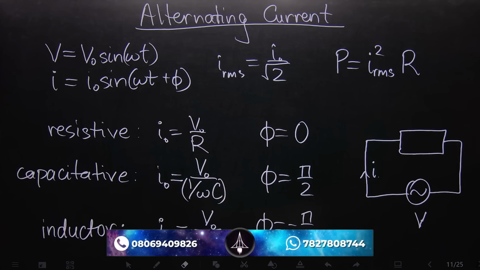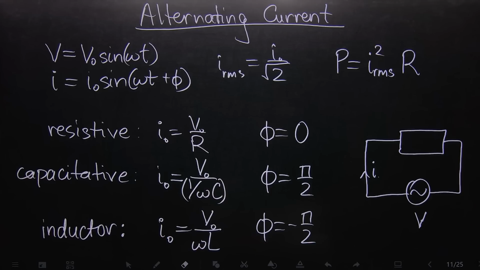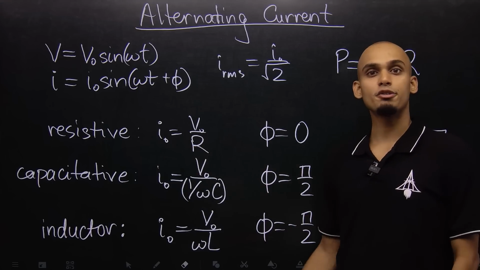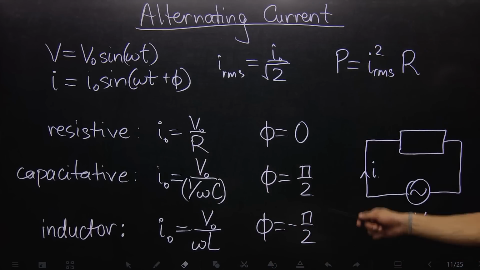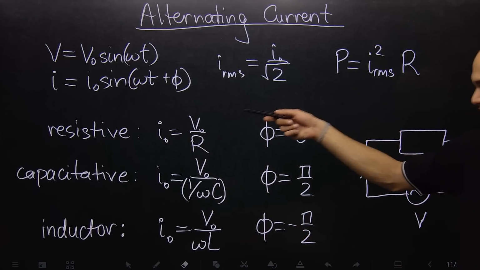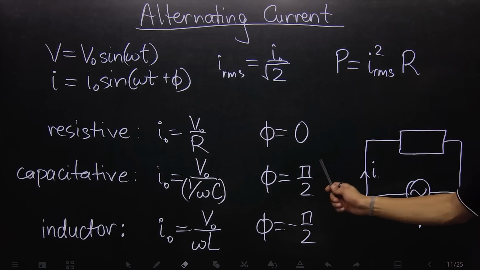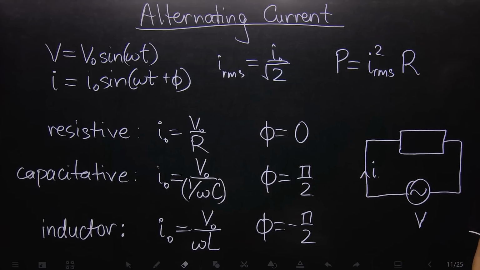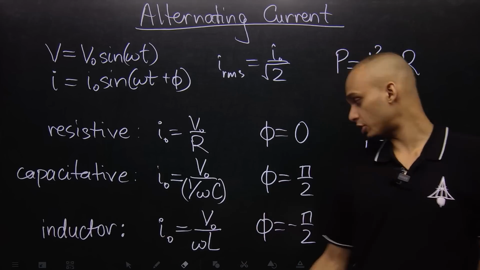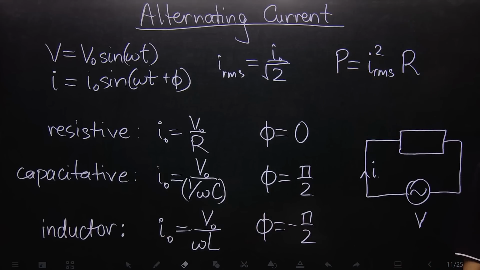For simple circuits, that is alternating current sources being connected to a single circuit component, different components will give us a different form of the current. For example, a capacitor causes the current to lead the voltage by pi by 2 phase, and an inductor causes the current to lag the voltage by pi by 2.